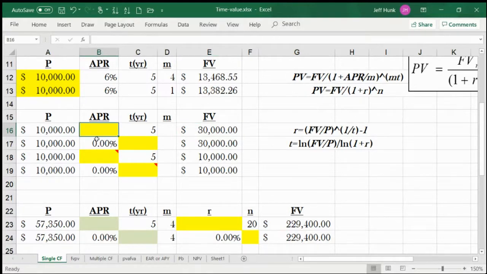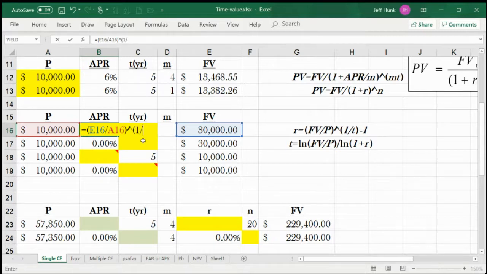Because we are solving for the unknown, to solve for the unknown, other inputs must be given. So here, according to our formula, it is future value over present value, and then raised to 1 over n. But here, what is n?